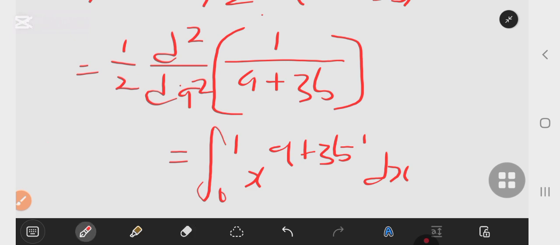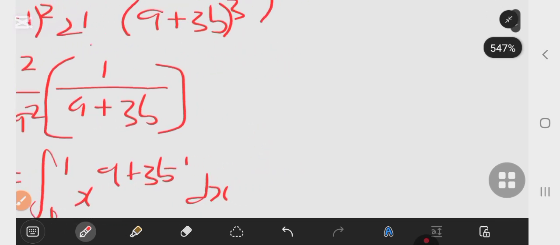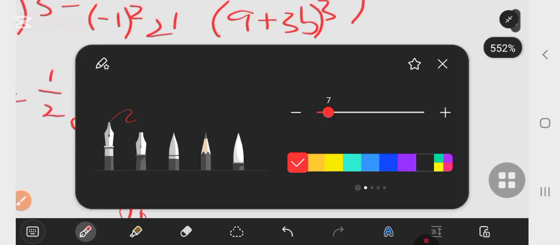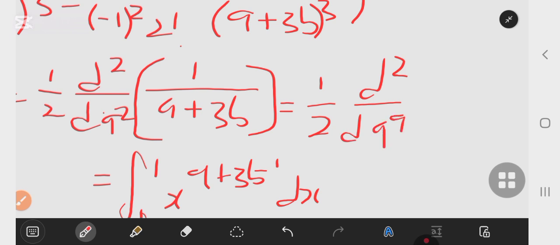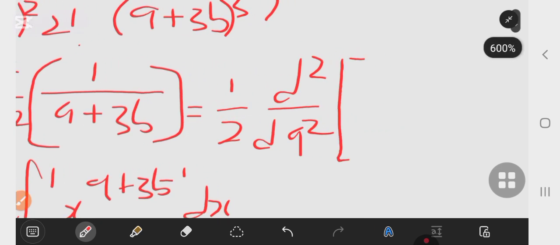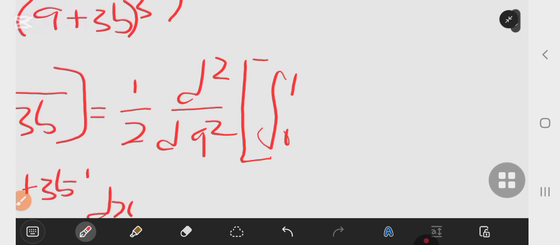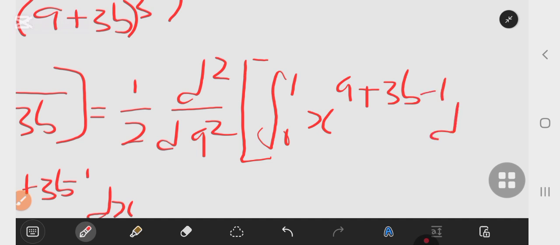So in here now I'll have that this is the same as half of the second derivative with respect to A of the integral from 0 to 1 of x to the power of (A plus 3B minus 1) dx.